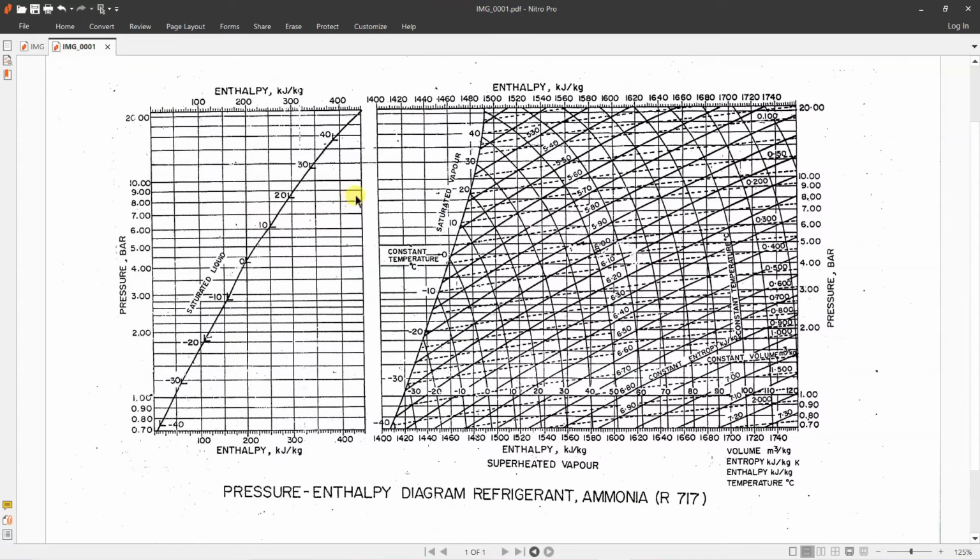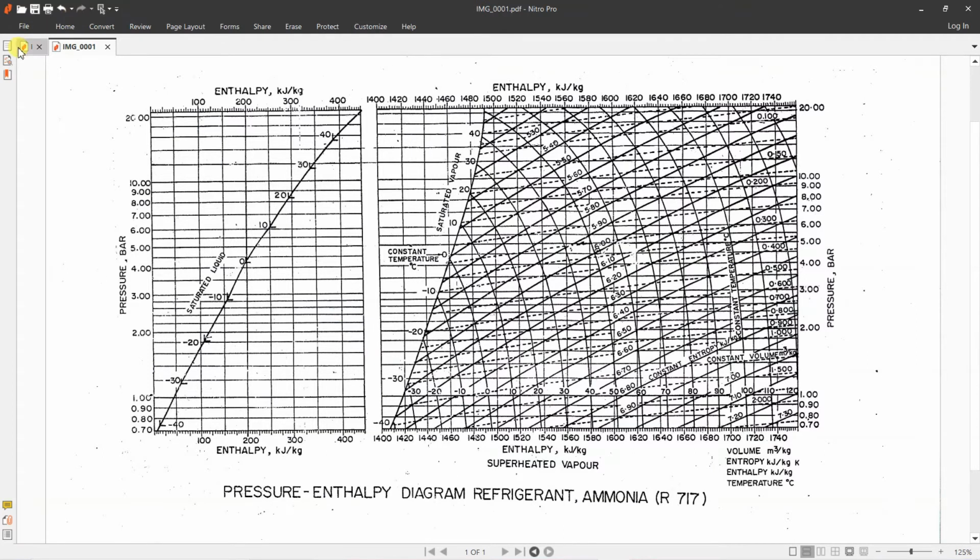So our method of solving numericals will depend on the chart. If dryness fraction curves are there, we can directly read the dryness fraction from the chart. But in the chart we are going to use while solving numericals, we don't have the dryness fraction curve. So the method of solving numericals will change based on the different chart.